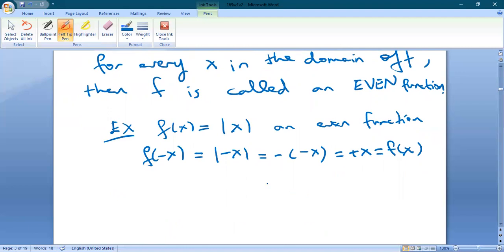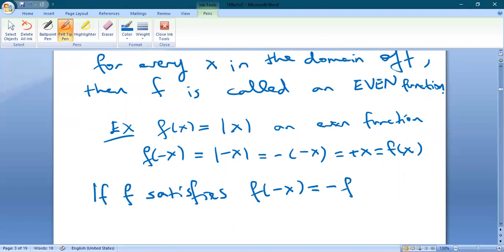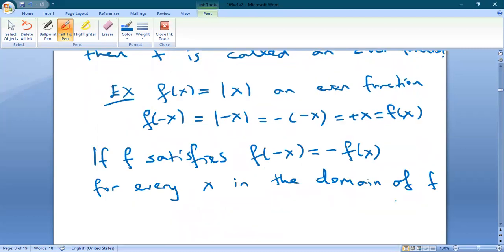And then there is another type of function which will again be useful in the integral. If f satisfies f of minus x equals minus f of x for every input in the domain, then such a function is called an odd function.